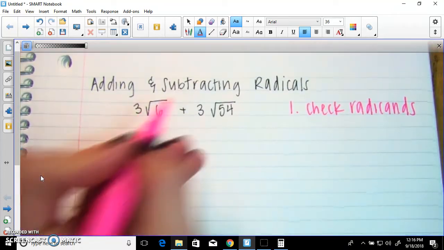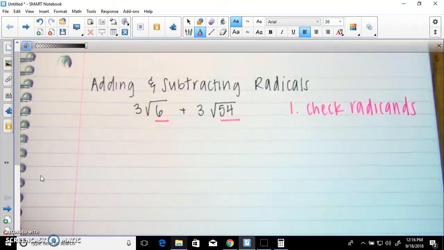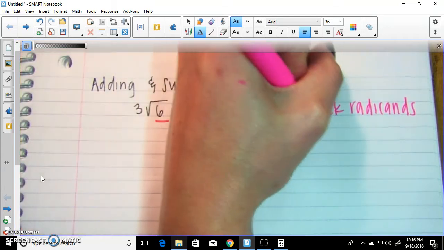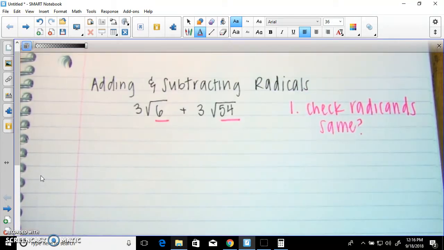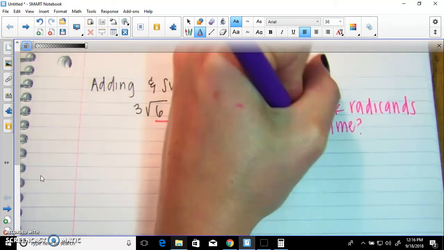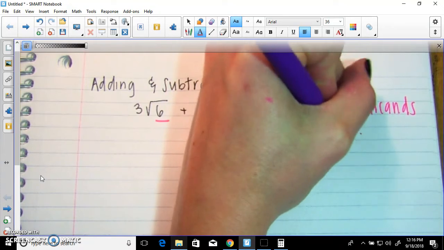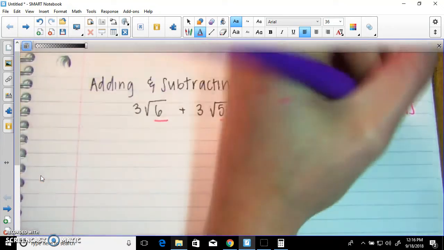So I have a 6 and I have a 54. Are they the same? No, they're not the same. Our goal is to make them the same. So in order to do that, we're going to have to simplify. So simplify each term.